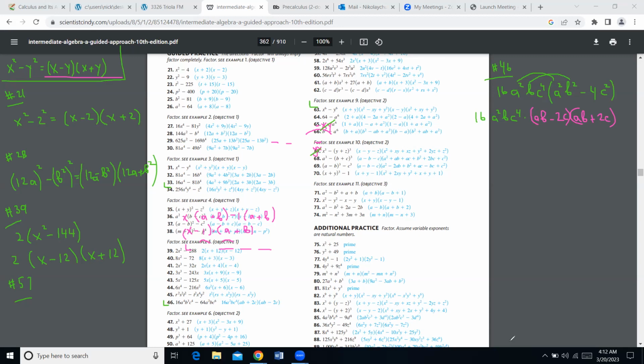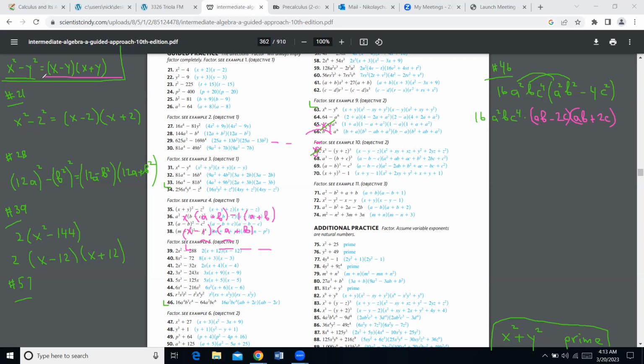Now, here's the word of caution that if you have a sum of x squared and y squared, then you cannot factor the sum. You say that this is a prime. Prime means cannot factor. If you can factor, then you factor it, but if you cannot, it's prime.